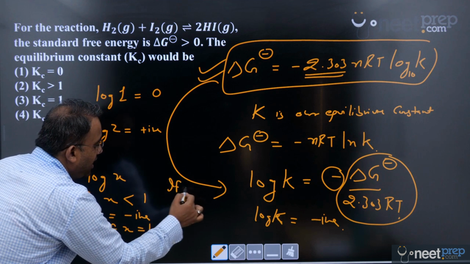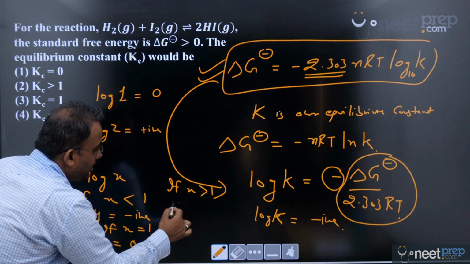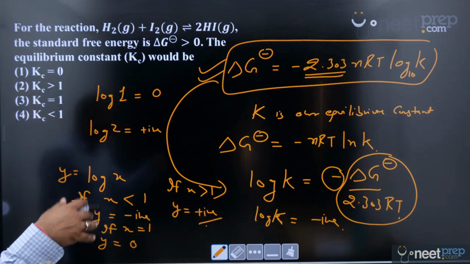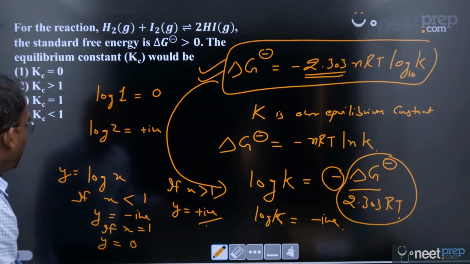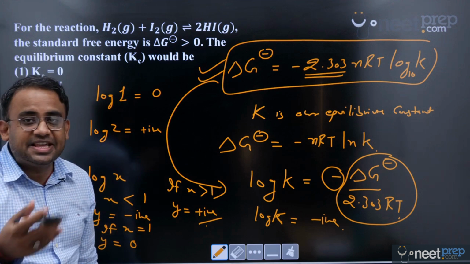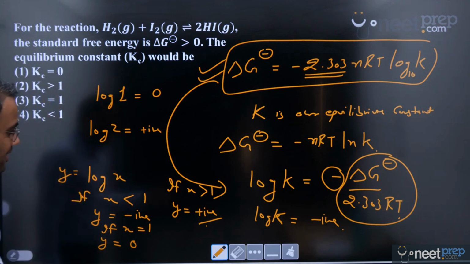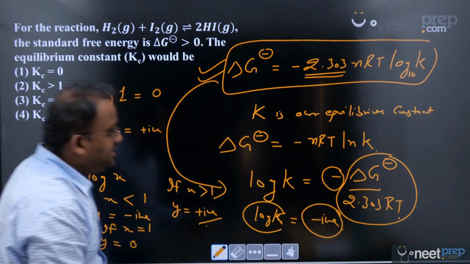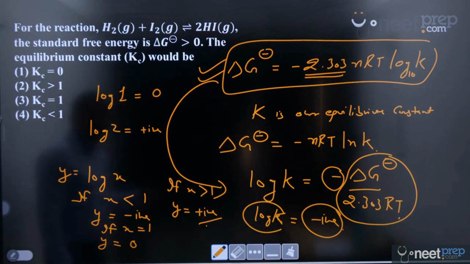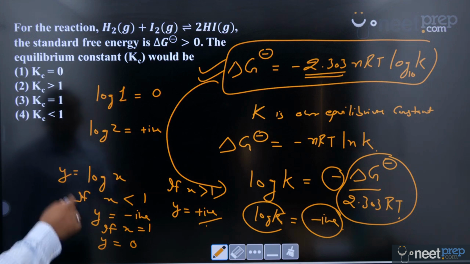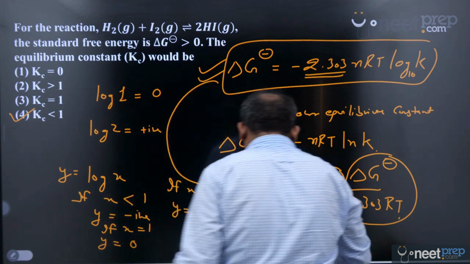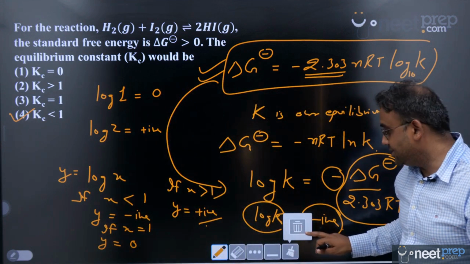And if x is greater than 1, then y will be positive. So any value greater than 1 has a positive log, and any value less than 1 has a negative log. So what I am getting here is that log K is negative, which means that the value of K is less than 1. So the fourth option will be the correct option as far as this problem is concerned.